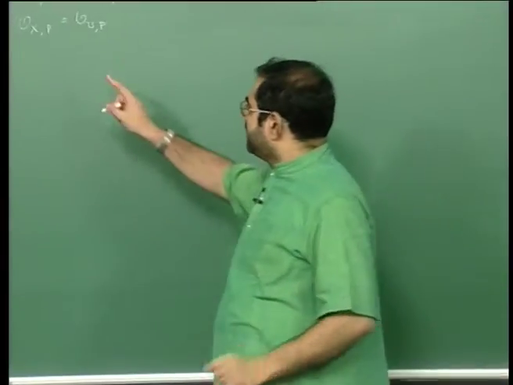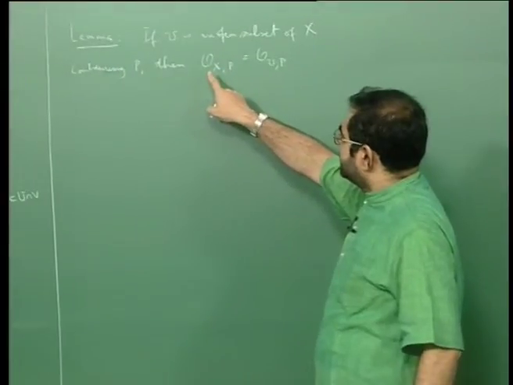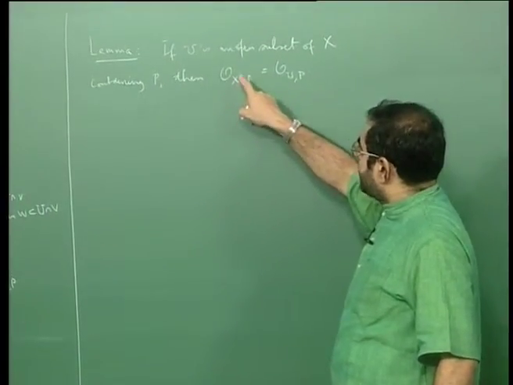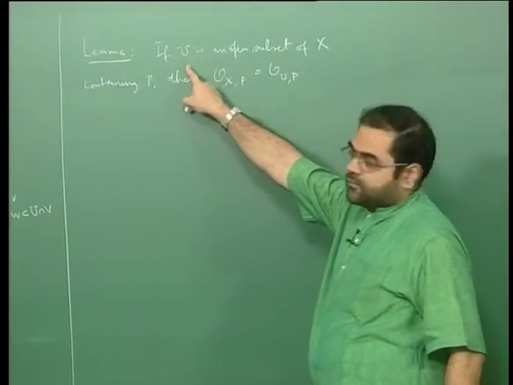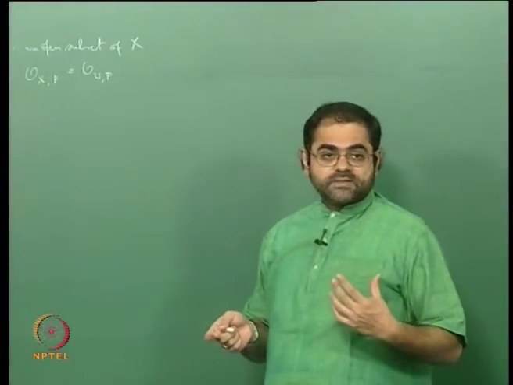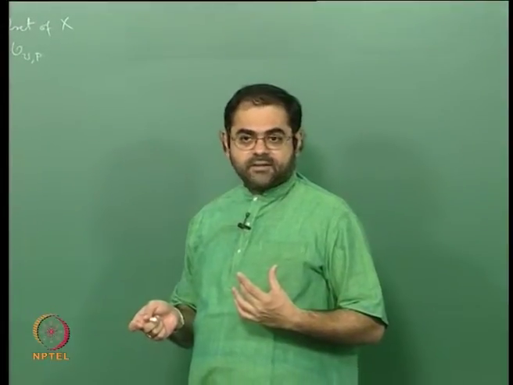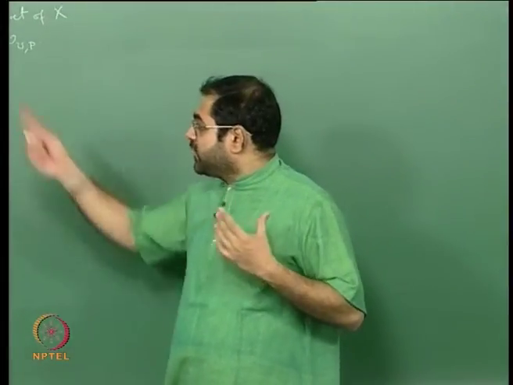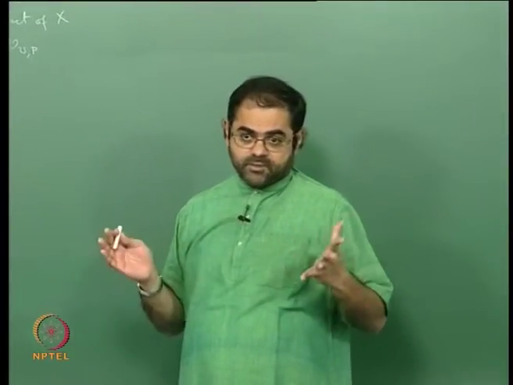So if the point P of your variety is lying in an open set U, then of course U is an open subset of a variety, and U contains the point P, so it is non-empty, and it is of course irreducible, okay.